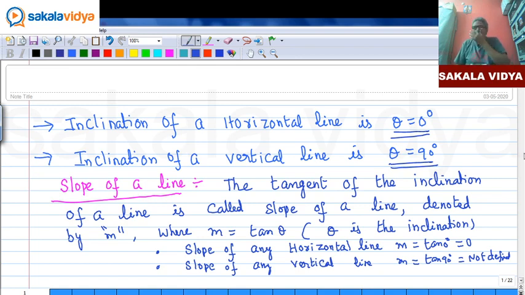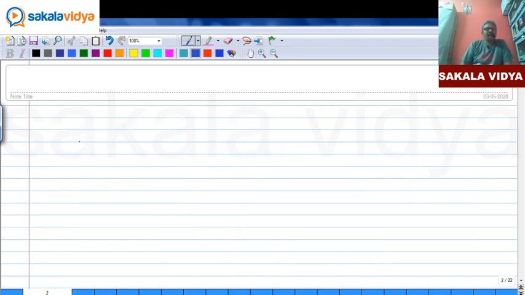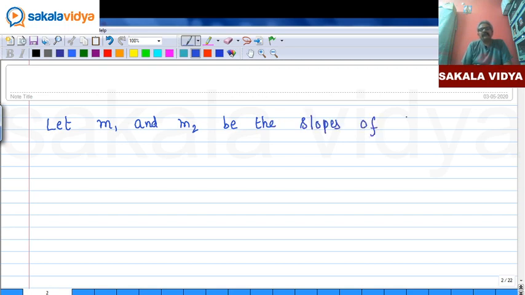So, next now, let m1 and m2 be the slopes of two lines.